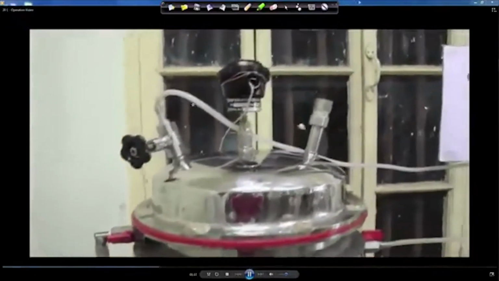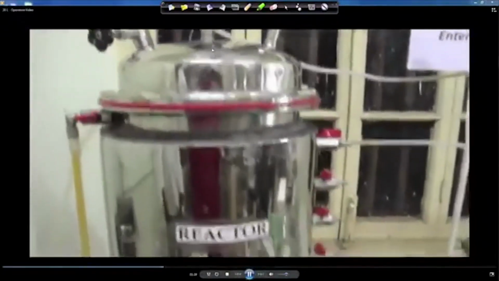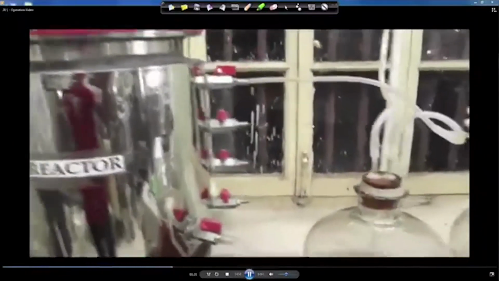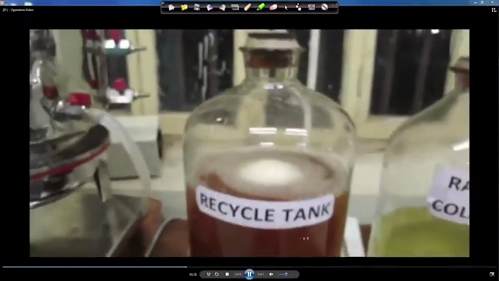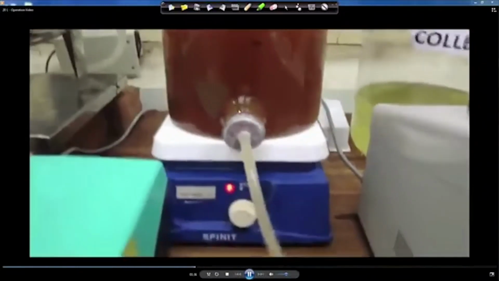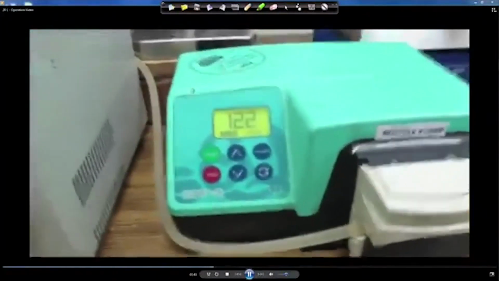Now here you can see there is a thermostat to show the temperature in the bioreactor, and here we have a sampling port from where we can draw the sample. This is the recycle tank, where we take the liquid coming out from the reactor and recycle it back to the reactor, just to increase the retention time of the media, so that the percentage conversion efficiency of the substrate increases.